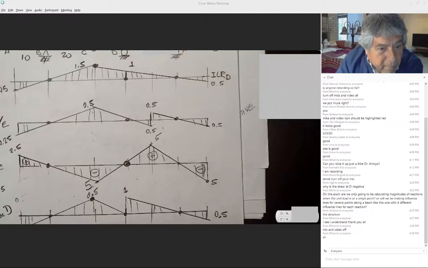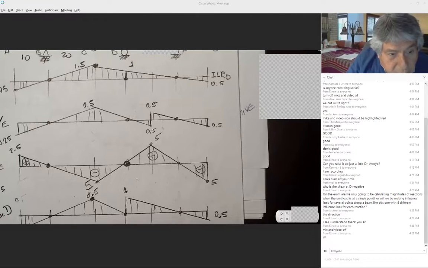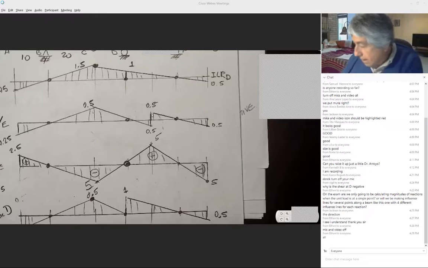If this is 0.5, the other one is going to be 0.5. If this is 0.2, this is going to be 0.8. If this is 0.9, this is going to be 0.1. That has to be equal to 1. Always at the location where you are computing the shear, it's going to go down, immediately goes up and goes to the right. But this is the 0.5 and 0.5.